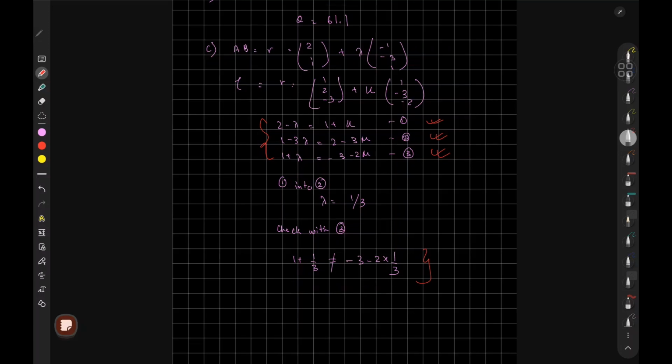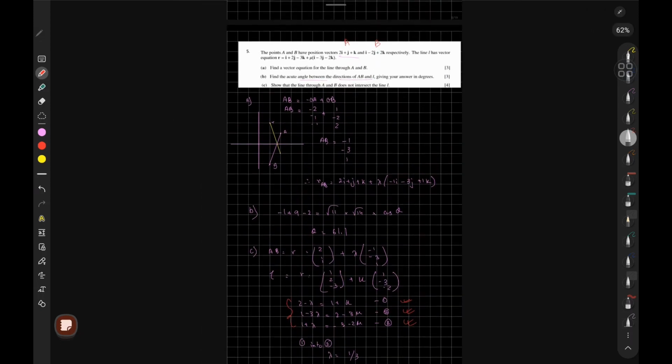But I would suggest show it for all of them, and even if the values are not equal in only one equation, that is enough to prove that the lines don't intersect. For intersecting, all of the coordinates need to be equal, all of them. Just one, just two is not enough. Great, if you know that, that is our question 5.